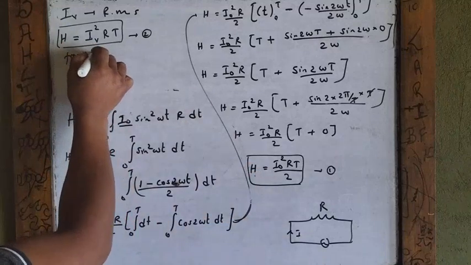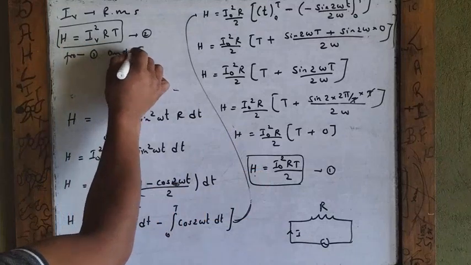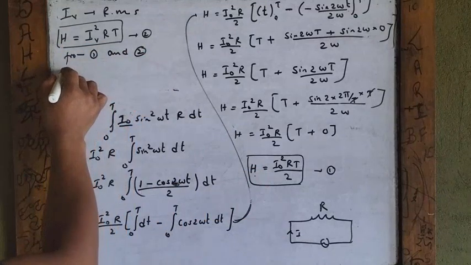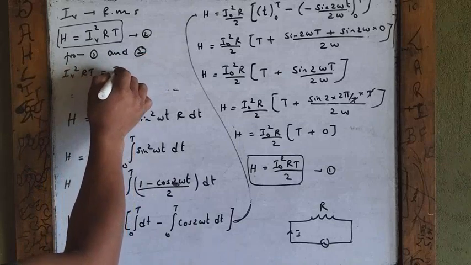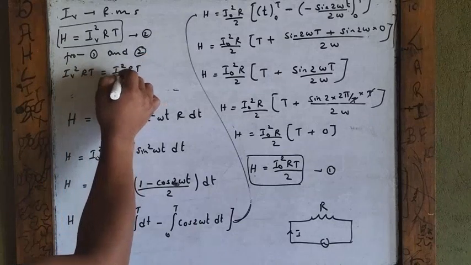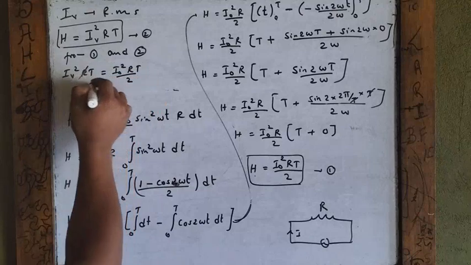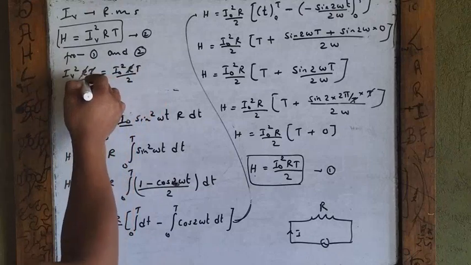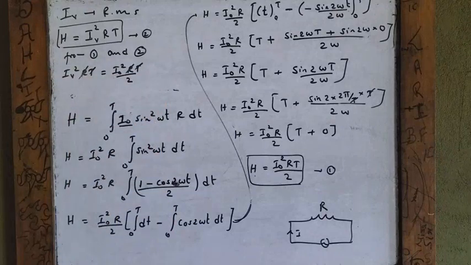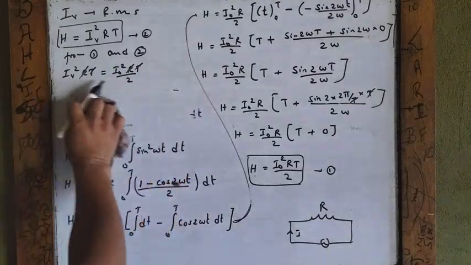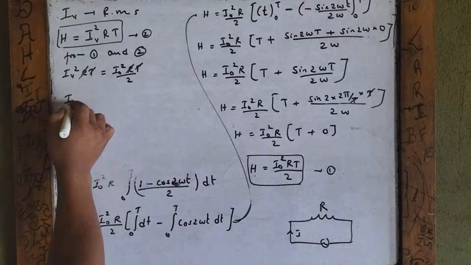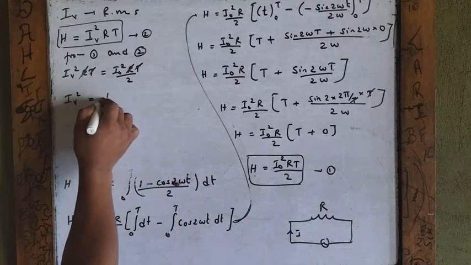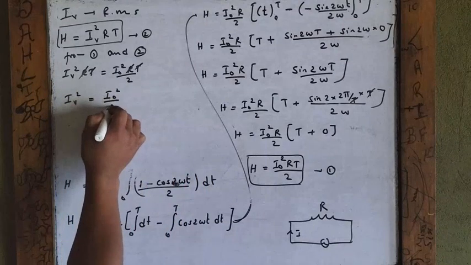So from equation 1 and equation 2, you will get I_v square RT is equal to I naught square RT upon 2. R from the left and R from the right cancel, T from the left and T from the right cancel. Or I_v square is equal to I naught square by 2.